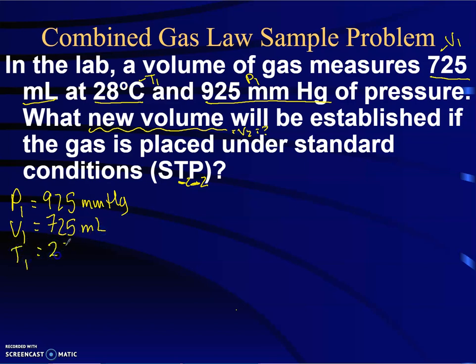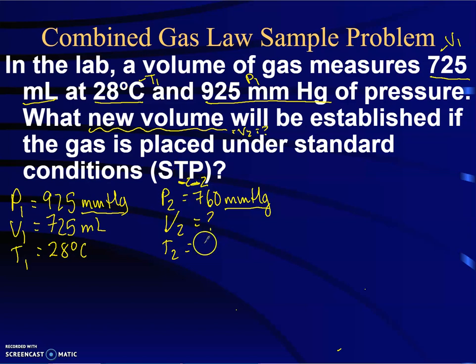T1 is 28 degrees Celsius. P2 is standard conditions, which is 760 mmHg. I want to choose the same unit, which is why it's important to remember our pressure units. V2 is unknown. T2 is standard temperature, which is 0 degrees Celsius or 273 Kelvin.